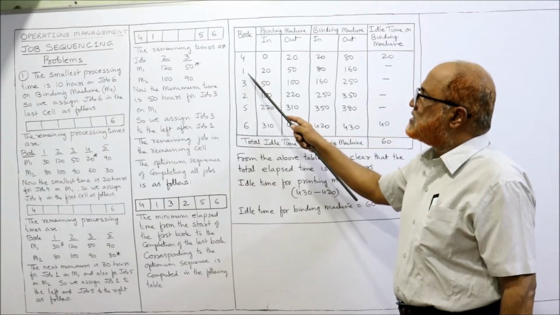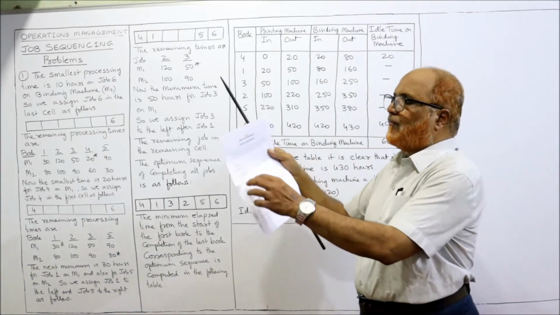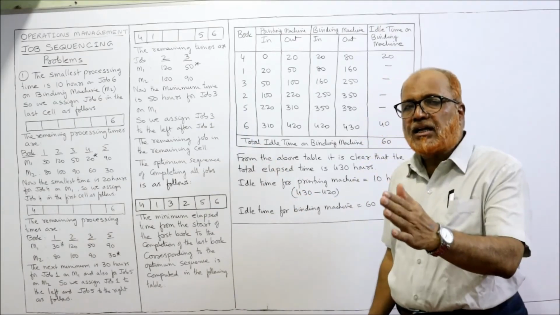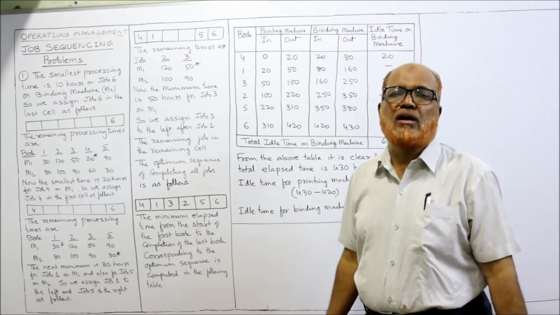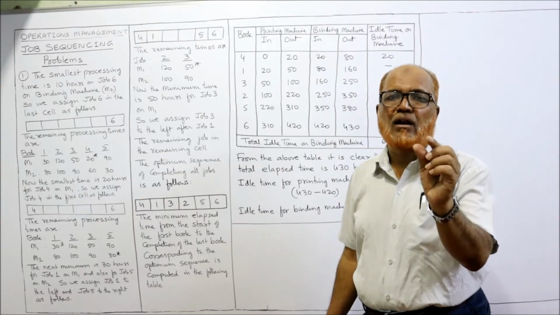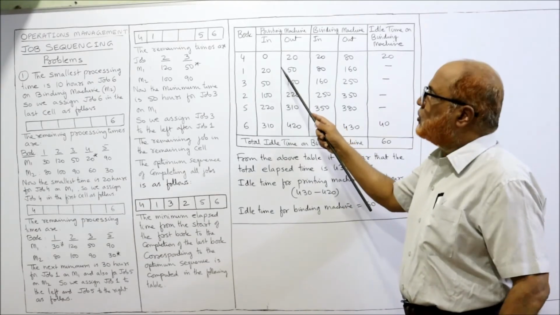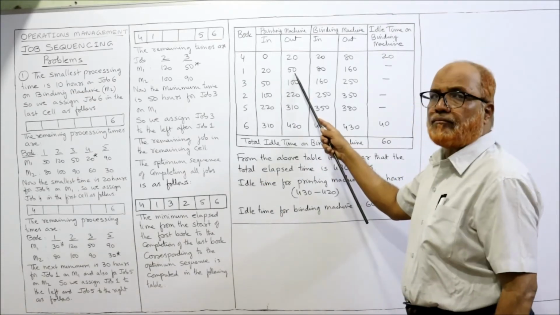From 20, it will start. So what is the processing time for the first book on printing? The first book on printing is 30 hours. It is starting at 20 hours and we require 30 more hours. So 20 plus 30, at the 50th hour the job will be completed. So here you can say 50.